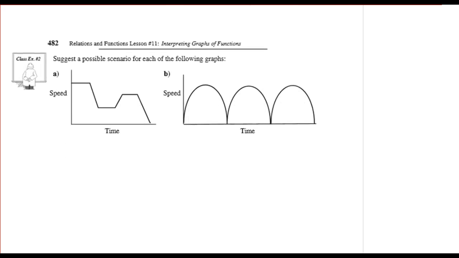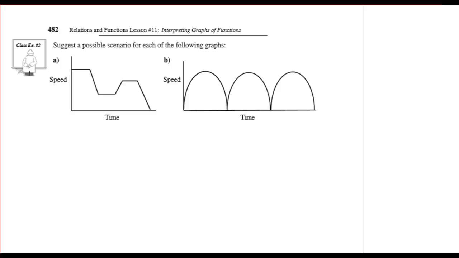Let's look at some. These are kind of fun. Suggest a possible scenario for each of the following graphs. Okay, well, here we go. We have to look at the variables. We have speed and time. So clearly, I'm going at some speed, whether that's 50 or 10 or whatever, it doesn't matter. I just know that's 0. So I can maybe say a car, keeping it with the same sort of theme as above.